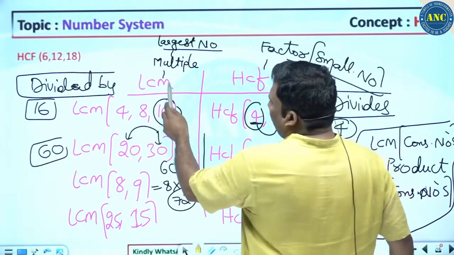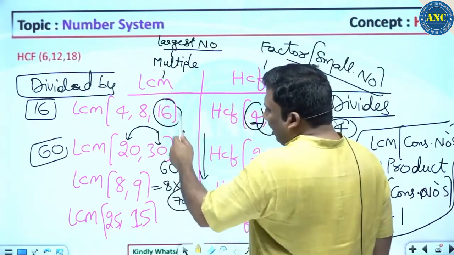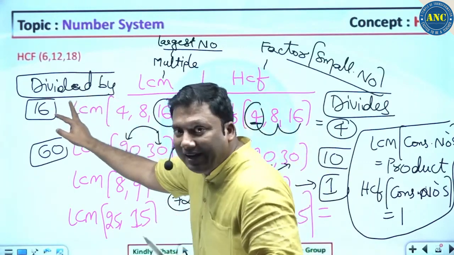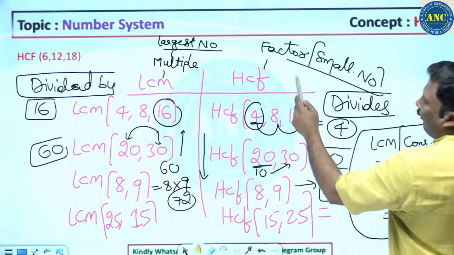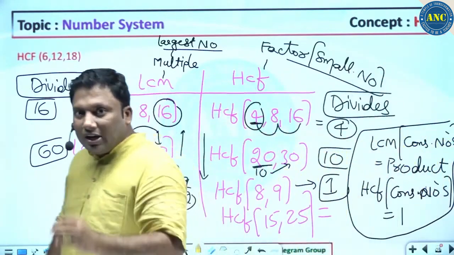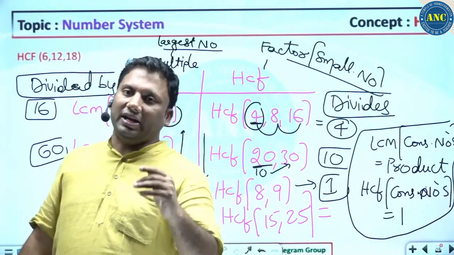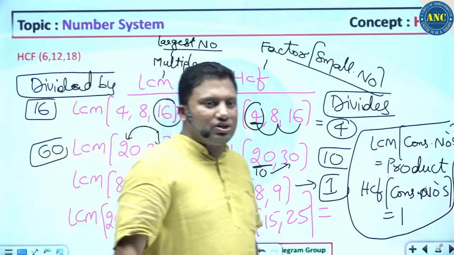LCM: multiple means largest, so take the largest number, and if it is not divisible, take multiples of the largest. HCF: factor means smallest, so take the smallest number, which should divide every other number. If it does not, take a factor of the smallest.